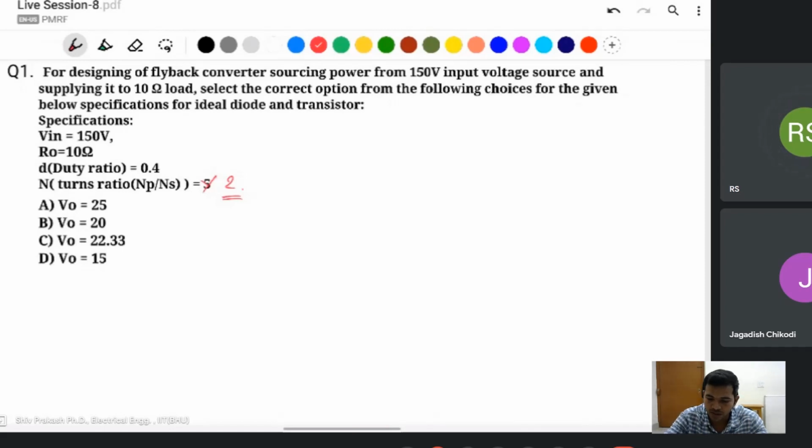And in driver circuit, MOSFET driver or IGBT driver, this power supply is an isolated power supply used in driver circuit. That's why the flyback converter is used there. It's a simple structure and working is also simple for low power application. But here I have taken a 150 volt input voltage.